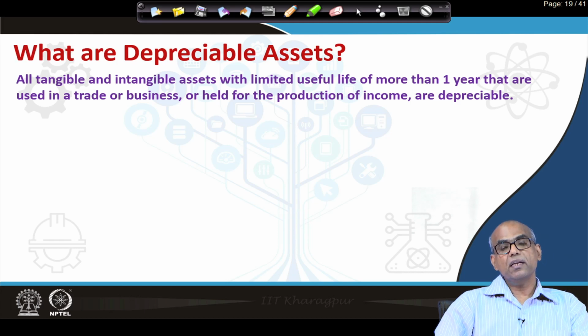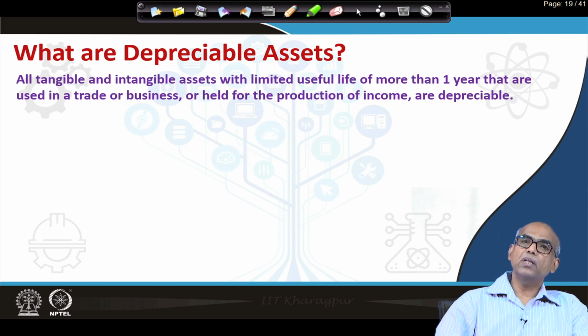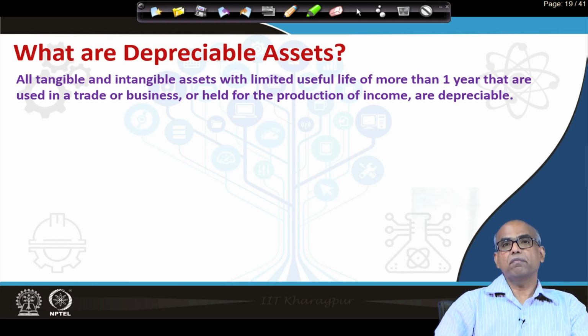So, what are the assets that are depreciable? We have already talked about that land is not depreciable, but buildings and equipment are depreciable. All tangible and intangible assets with limited useful life of more than 1 year that are used in a trade or business or held for the production of income are depreciable.